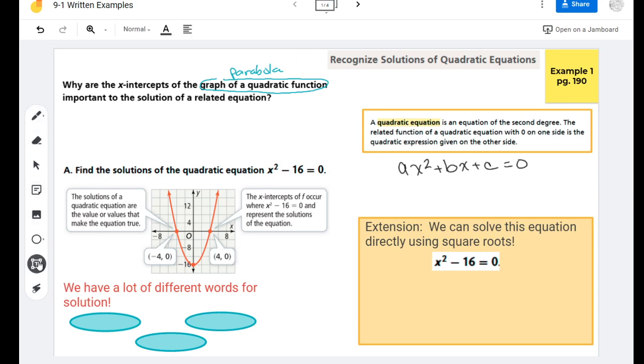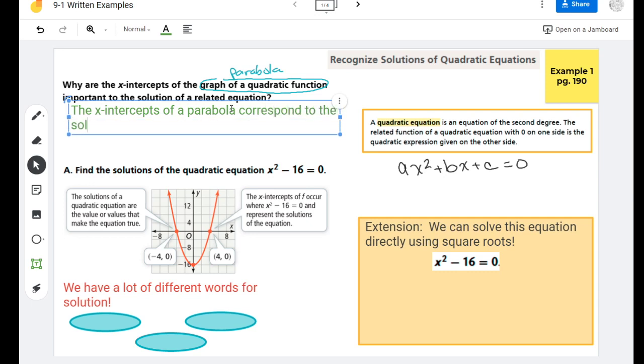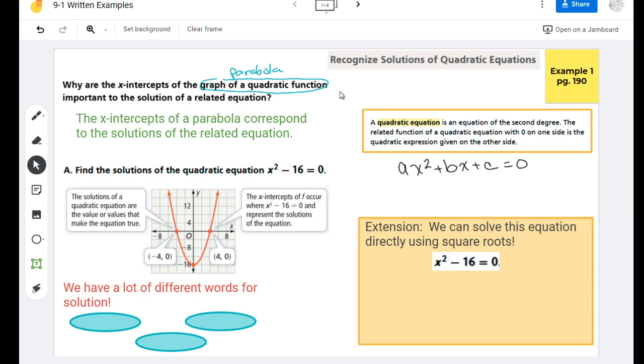The real and true answer is that the x-intercepts of a parabola correspond to the solutions of the related equation. If I have an equation and I know how to solve it, the answers that I get are where the parabola crosses the x-axis.